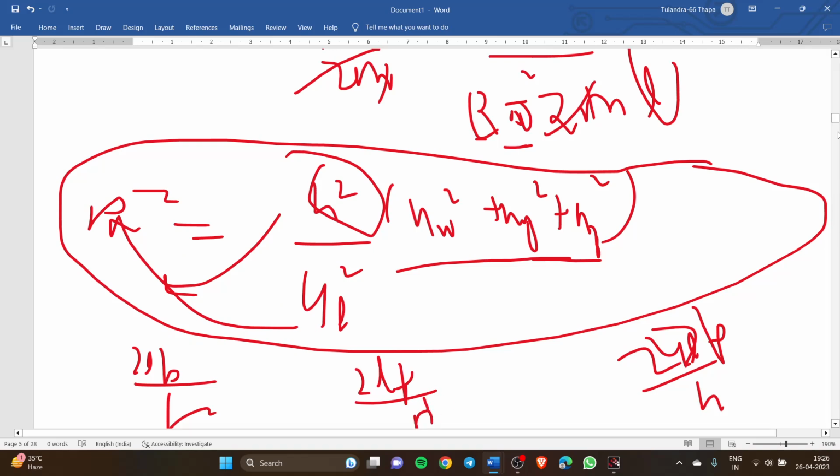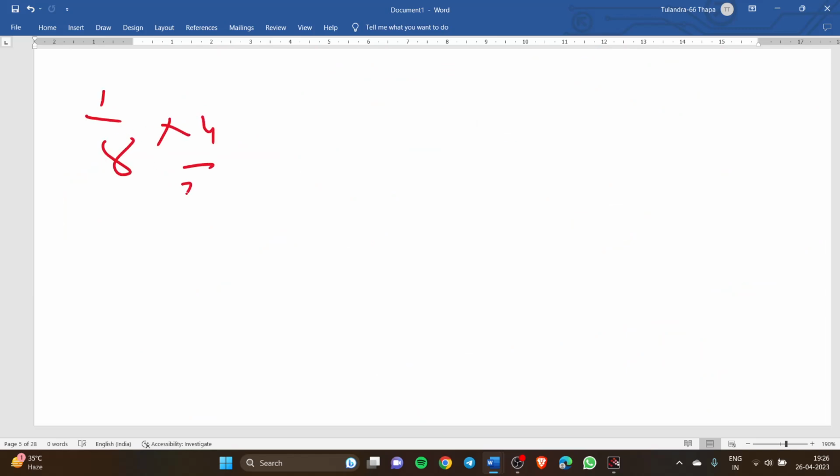Now what will be the number of states occupied? We can simply calculate by 1/8 into 4/3 π times (2Lp/h) whole cube.